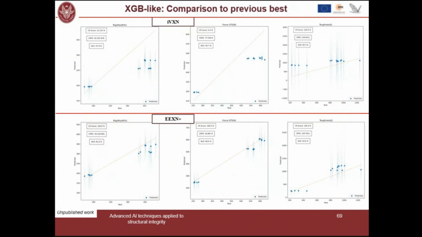When we are dealing with additive manufacturing, you won't see a perfect relationship between predicted and real, since the real values also have a distribution. So something like this is very, very good, because the confidence region always touches the real observation.